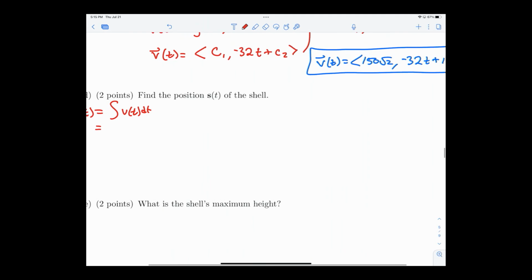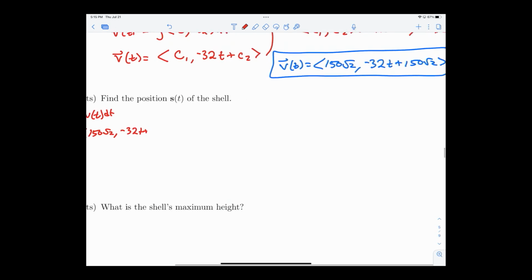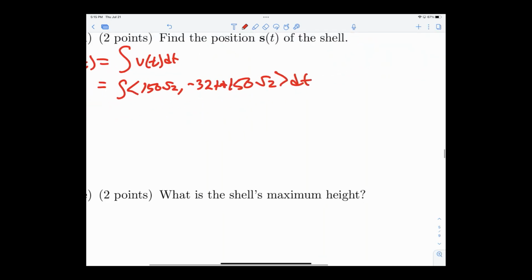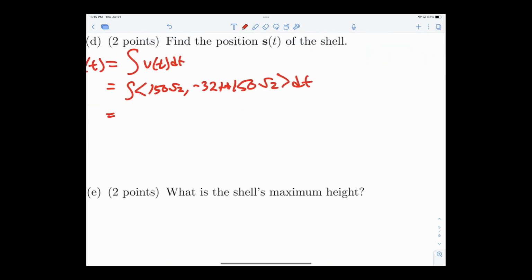So it's going to be the integral of ⟨150 root 2, negative 32 t plus 150 root 2⟩ dt. So we integrate this with respect to t.